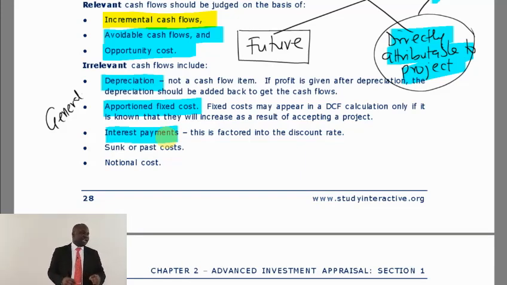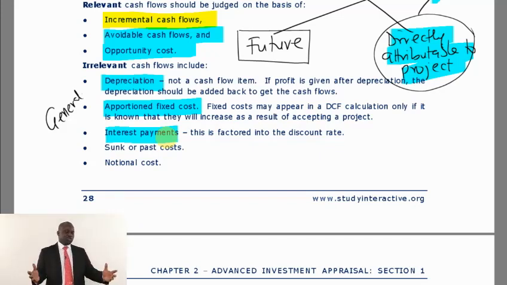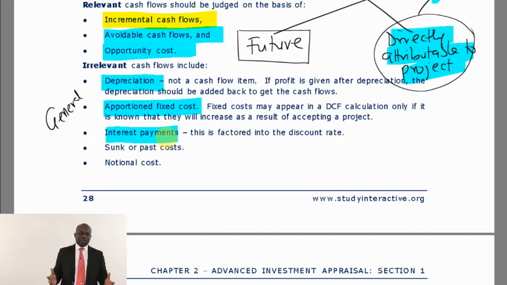I wouldn't say fixed cost is totally irrelevant. General fixed cost is irrelevant, but specific fixed cost is relevant. Assuming, as we are doing the P4, I have been employed to teach the P4, and I'm on a fixed salary.